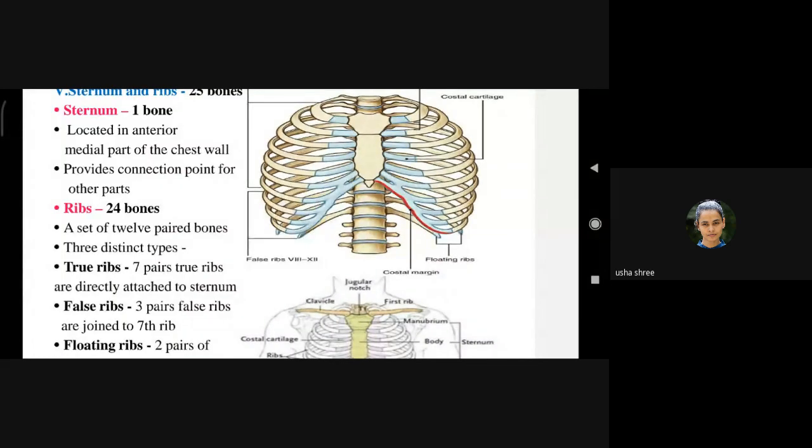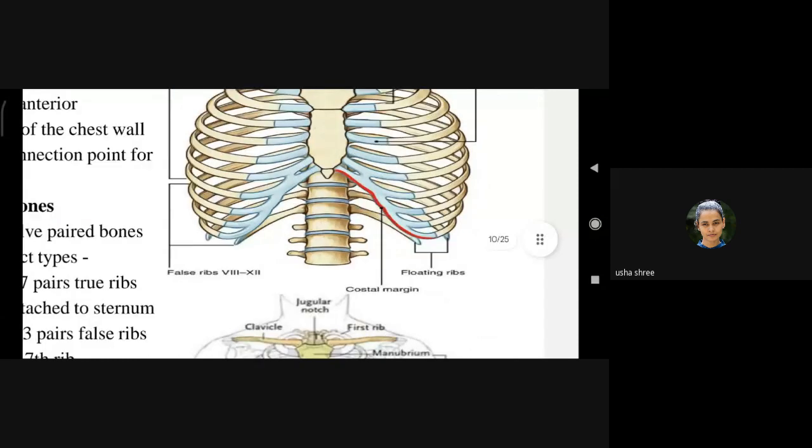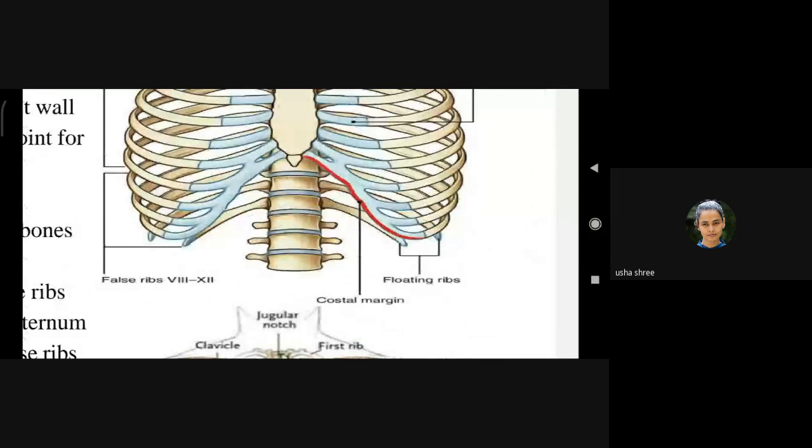You can see here in the picture, these floating ribs do not connect to any other part of the body. They are just generated from our vertebral column, but they do not connect to any of the false ribs or any other bone of our body. So they are just floating. That is why 2 pairs of rib bones are floating ribs.